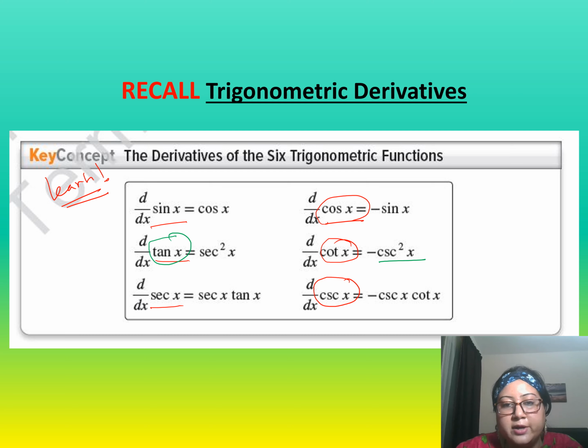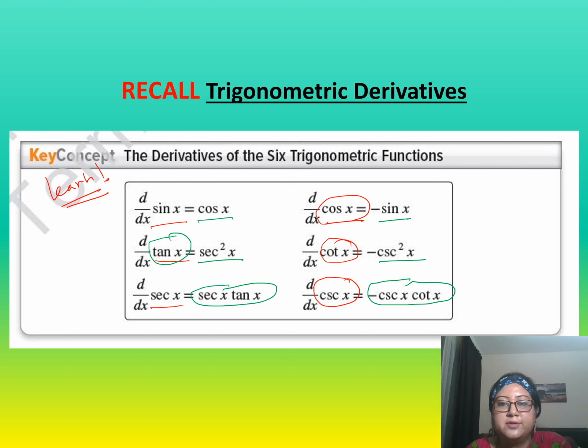So that is another way, and you notice a pattern here. If there is sine here, there is cos here. If there is cosecant here, there is secant square here. And if there is secant x tan x here, then negative cosecant x cot x here. So this pattern, I'm sure, is going to help you to learn these trigonometric derivatives.